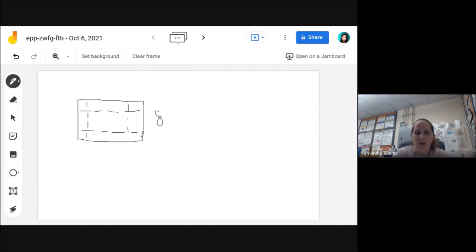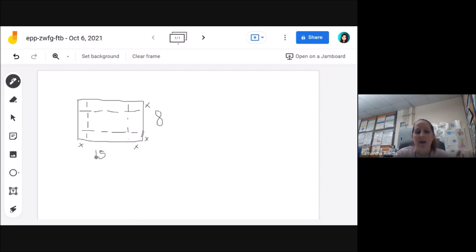This whole side, this width is 8 inches, and this whole side is 15 inches minus this value of x and this value of x. Remember, because they're squares, they're going to be the same on both sides.